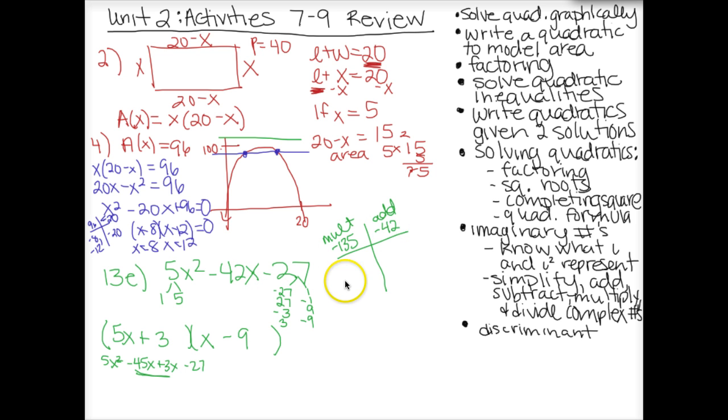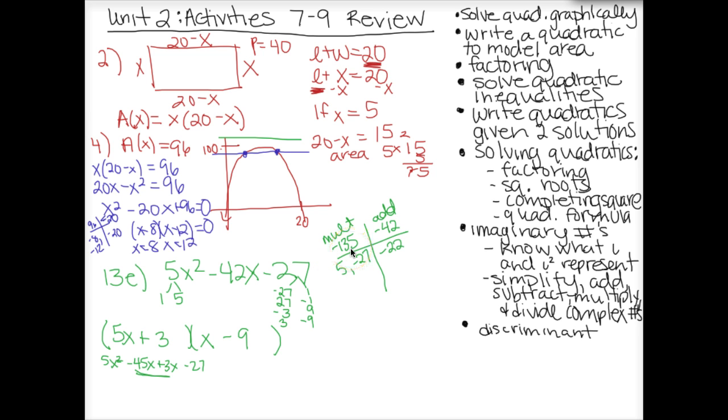So again, you're just going to have to try multiple things that multiply to negative 135 until you find the ones that are going to add to negative 42. So probably what I would look at first is 135 divided by 5. So 5 and negative 27, but that adds to negative 22. Because this is smaller than negative 42, that means I need these factors to be further apart. So I'm looking for something that's smaller than 5.